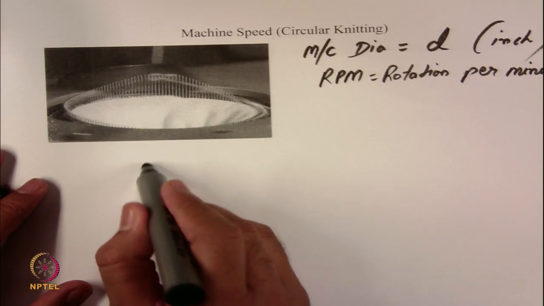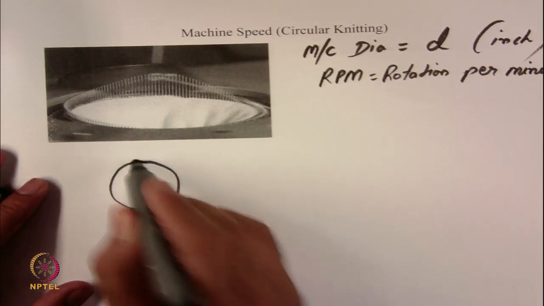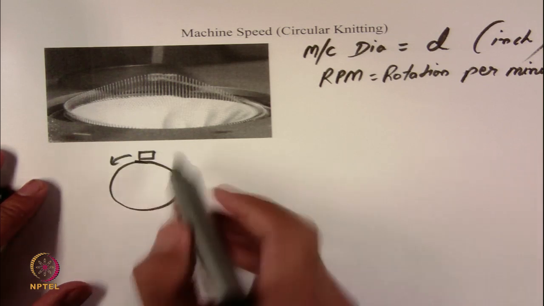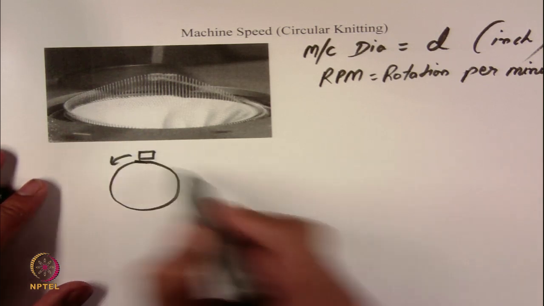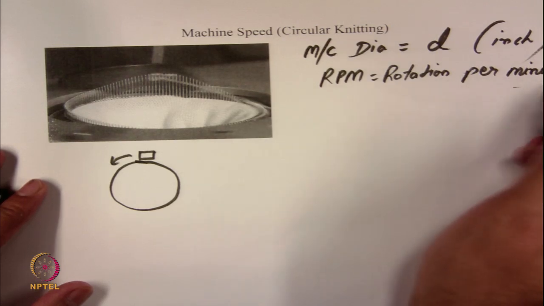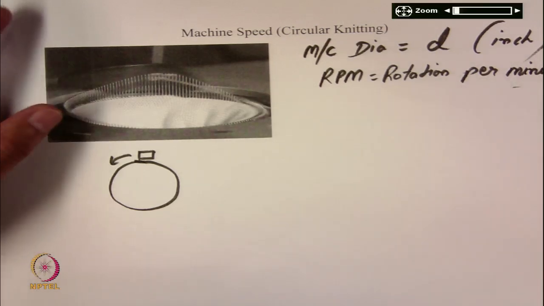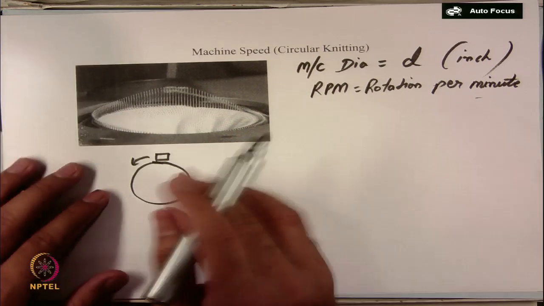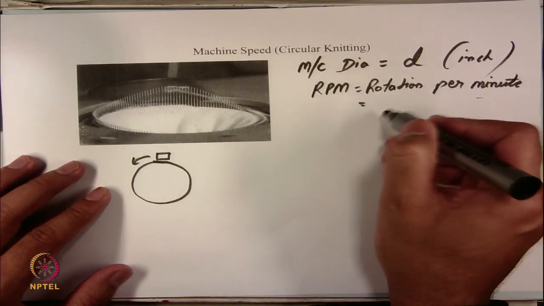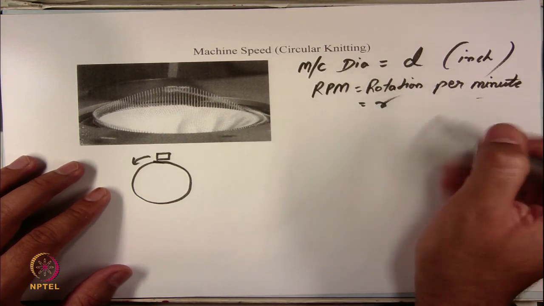So, this is the circle and the cam will be rotating around the circle. It means how many full rotations it is doing in 1 minute. So, that is the rotation part. Let us suppose this is given as R.